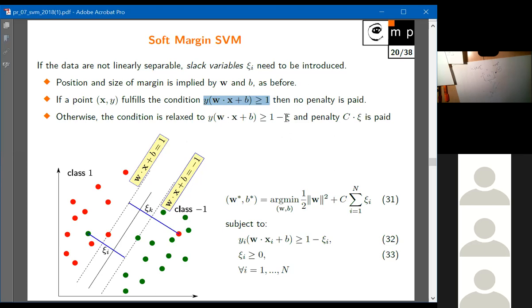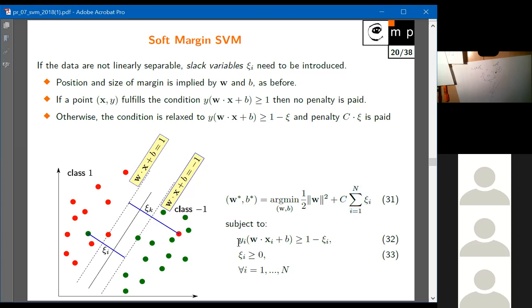We allow some slack, the distance from the edge of the margin, not from the separating hyperplane, and we add the penalty to the minimization term.